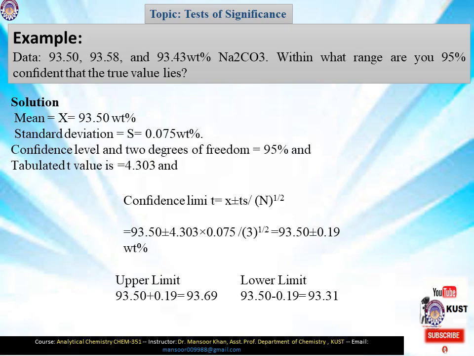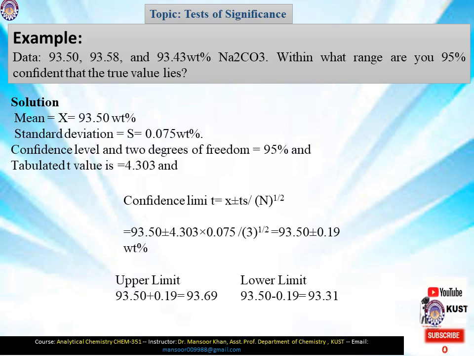I am not going into detail on how the mean is calculated, because I have another lecture in which we explain how the mean of a data set is calculated. Similarly, the standard deviation is also given, and we are not going into detail on how it is calculated, because in my previous lecture I gave the details.